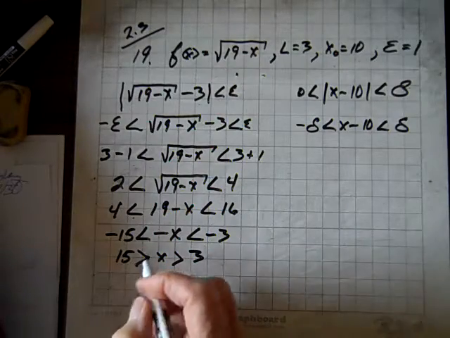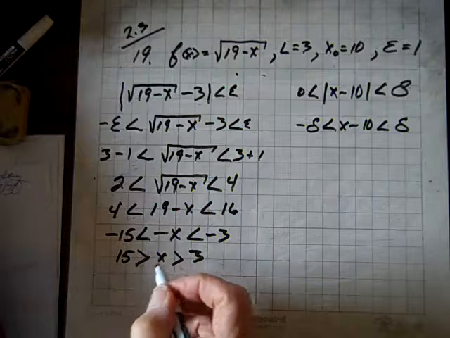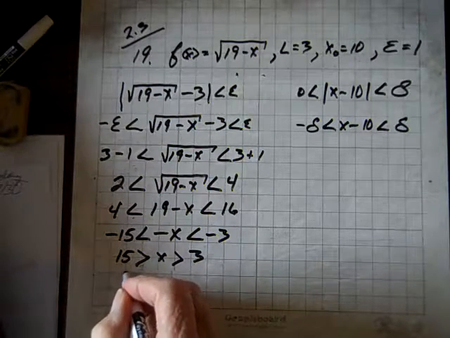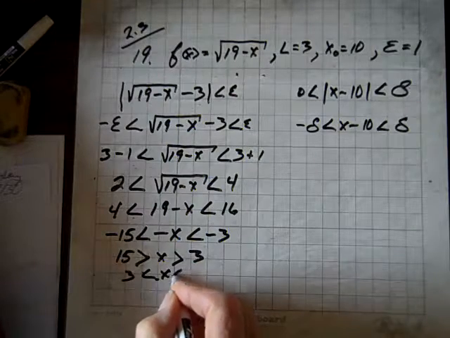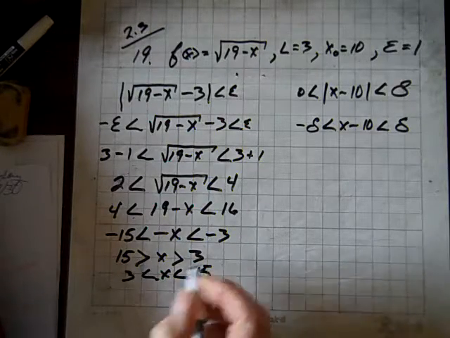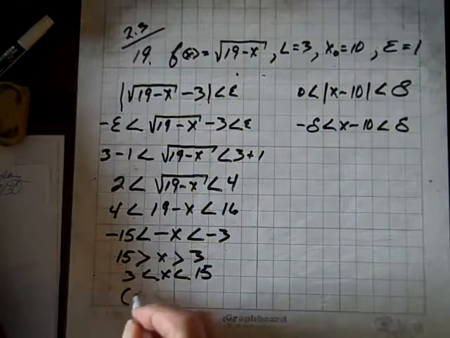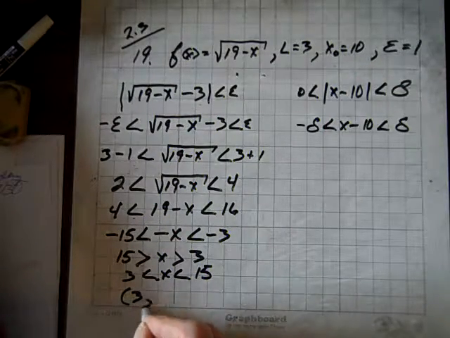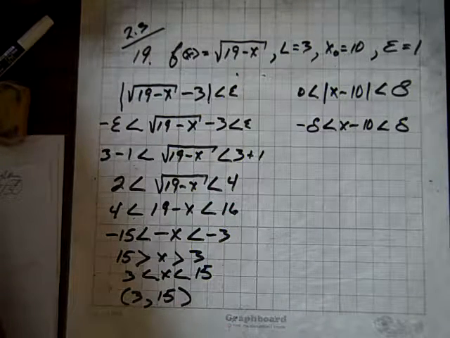But we have to reorient this in terms of the position of 3 and 15 on the number line, so we'll flip it over and we get 3 is less than x, which is less than 15, and there's our open interval about 10. 3 to 15.